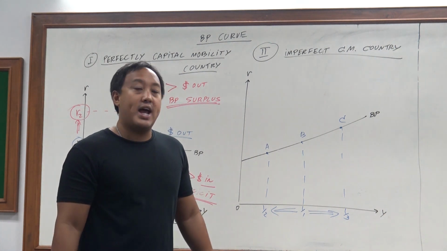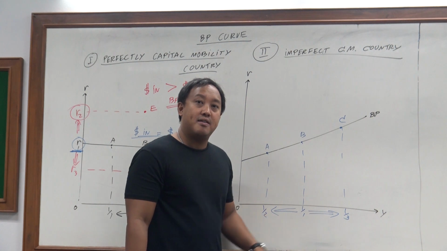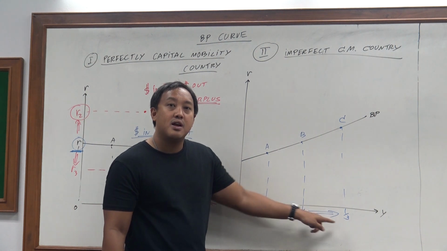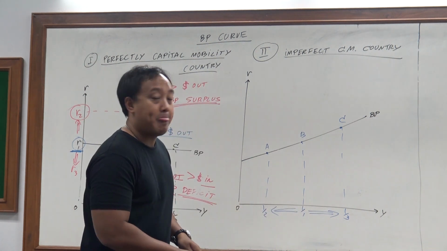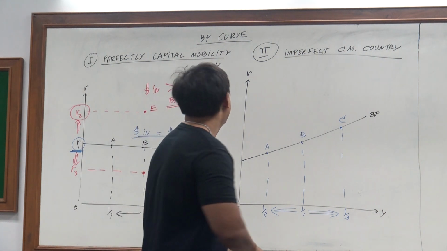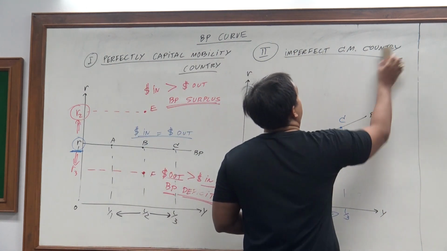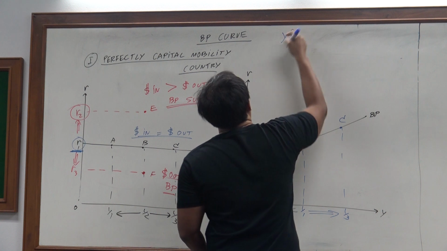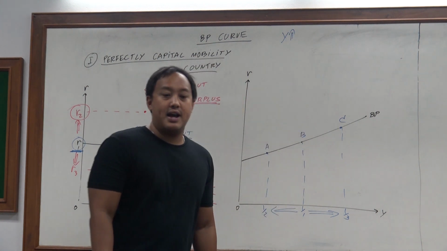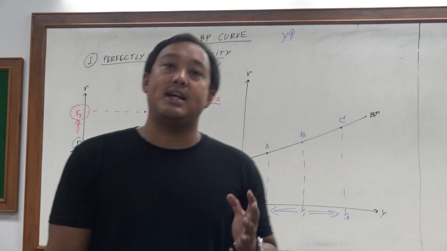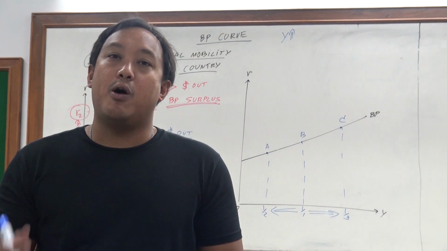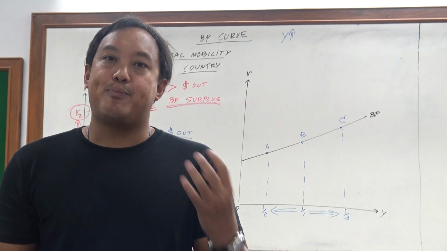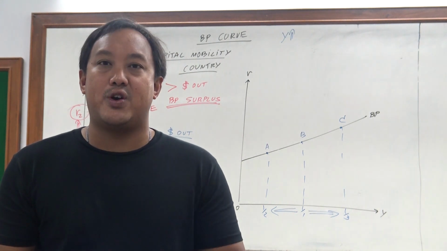So how does it affect the economy? When the economy is good, when GDP is increasing, people tend to import more, like luxury goods.